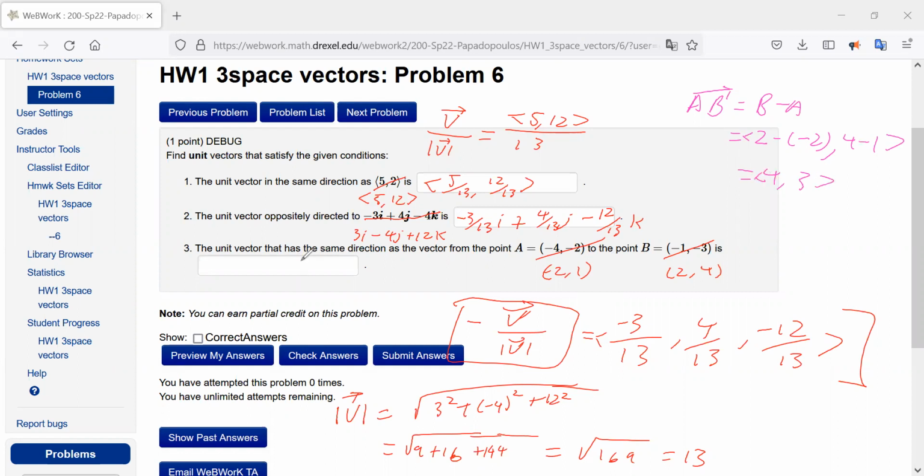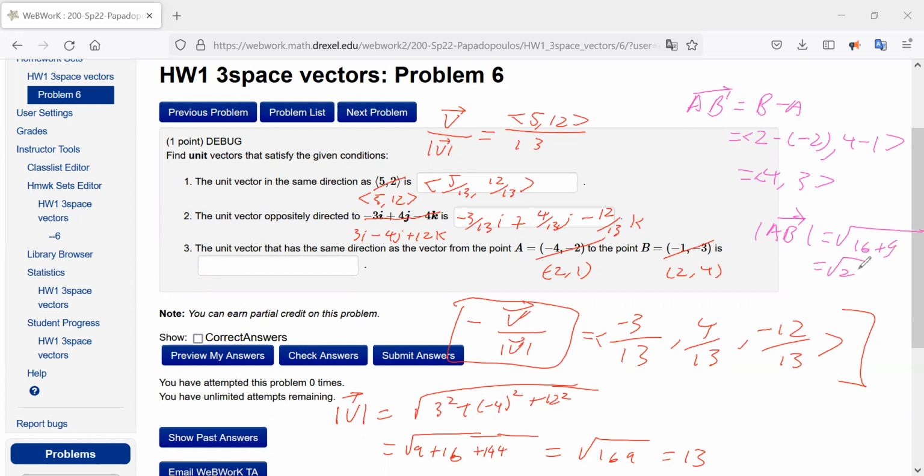We want a unit vector that has the same direction as this, so we just divide this by its norm. The norm, or magnitude, of AB, however you want to say it, they're the same thing, is the square root of 16 plus 9.